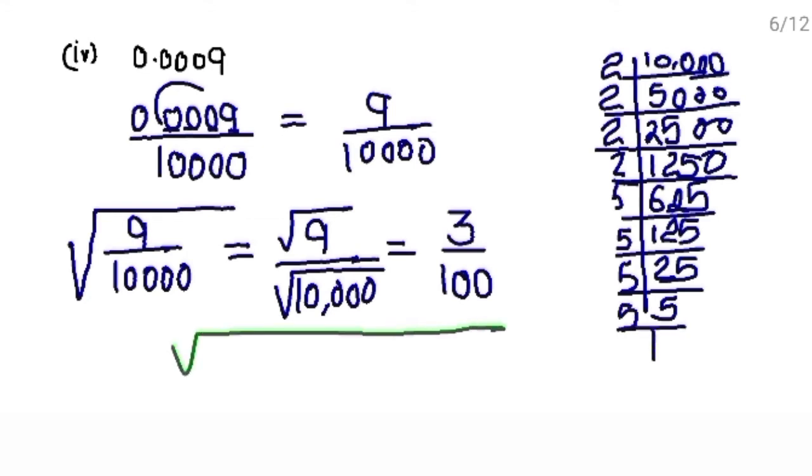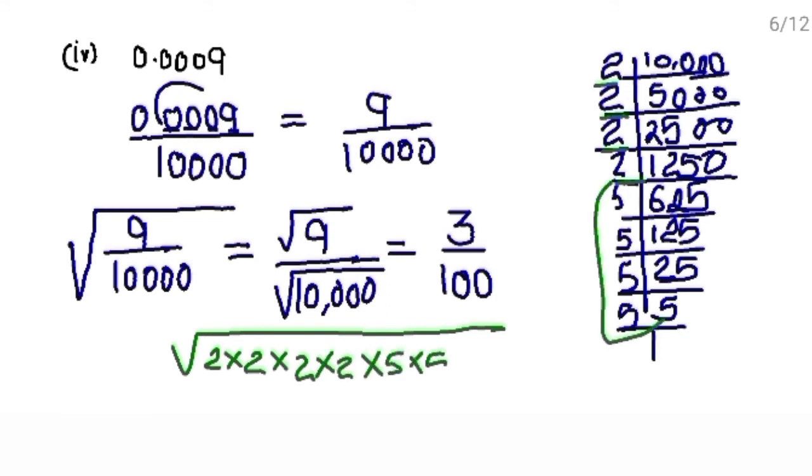It will become how many times 2? 1 2 3 4. 4 times 2. Multiply 4 times 5, 5 5 5 5.